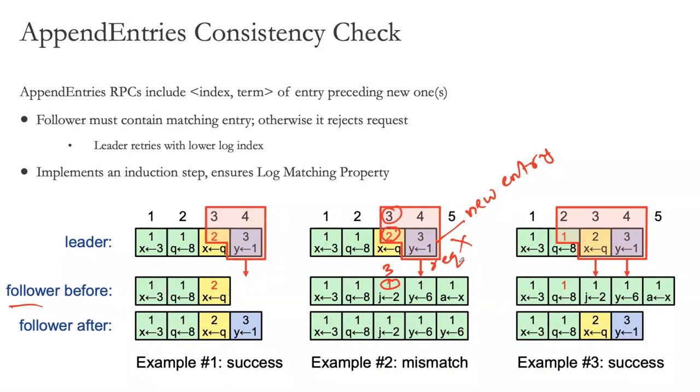Your follower is getting the inconsistent entries from the network, claiming that the term is 1, which is by the leader, and the new entries are j is equal to 2, y is equal to 6, a is equal to x, and so on. So from here it is clearly assumed that these entries are fake entries.